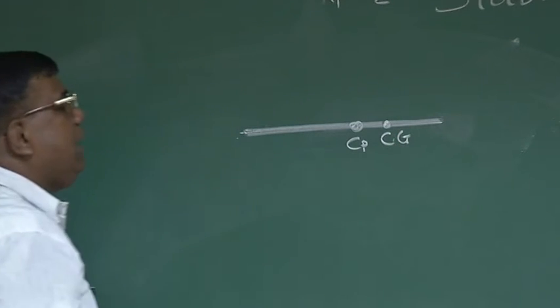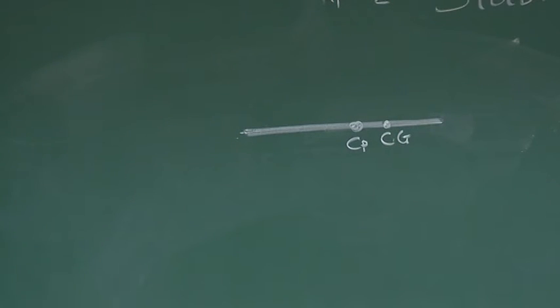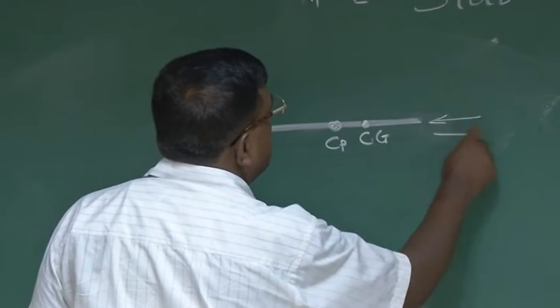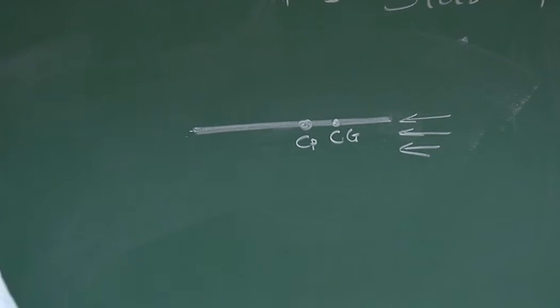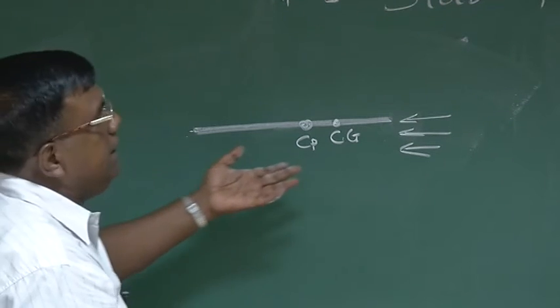So I am taking a simple case that this plate is designed in such a way that we have given more mass towards the nose of this plate, so that CG is in front of center of pressure, or I say center of pressure is behind CG, or center of pressure is aft of CG. And this, you know very well, is the statically stable case.